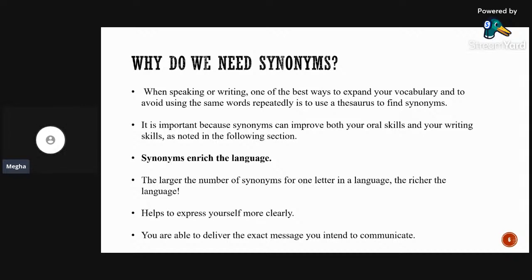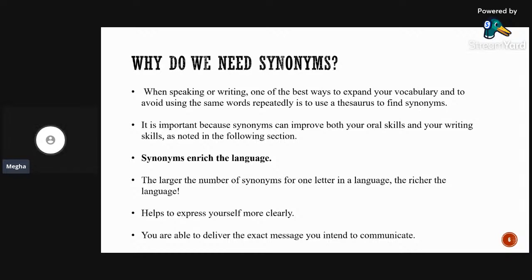So that can be improved only with your vocabulary. It depends on your diction as well. So whenever you come across words like that, try finding synonyms and try using those in your future references. Only that way you can improve your vocabulary. There is no other way to improve your vocabulary. It is important because synonyms can improve both your oral skills and your writing skills.